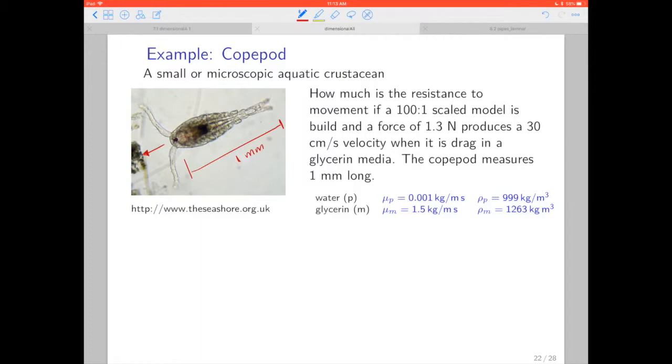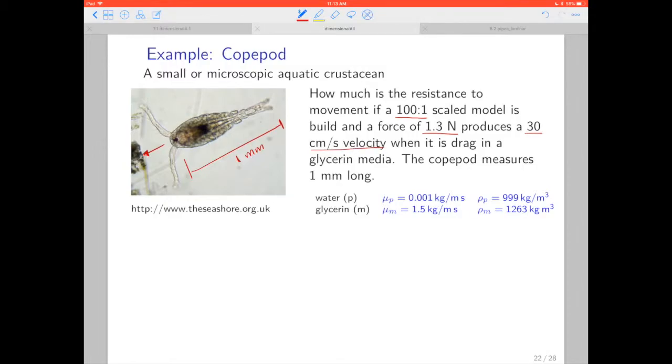So you probably would like to do a scale model, but in this case the scale model is not a smaller one, it is going to be a bigger one. So we are going to have a 101 scale model, and in that big model we are going to apply a force of 1.3 newtons, and then we measure how fast it moves, and we notice that in our model it moves at 30 centimeters per second.